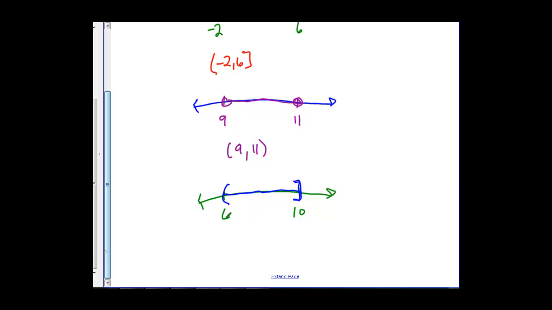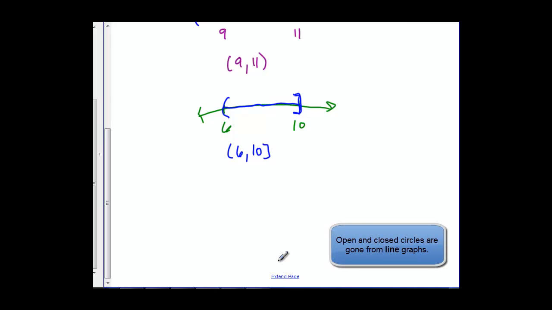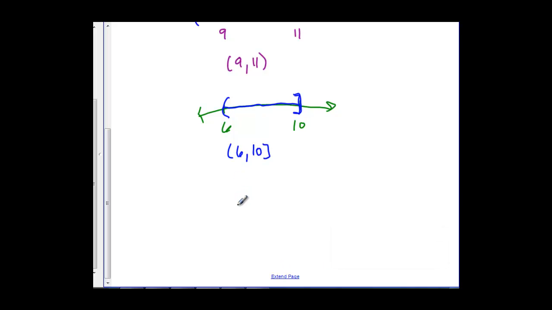Because you already kind of labeled everything. So parenthesis, 6, 10, bracket. So then life's super great. So open and closed circles are gone. It's only going to be your parentheses and your brackets from here on out. But again, it just makes your life so much easier.